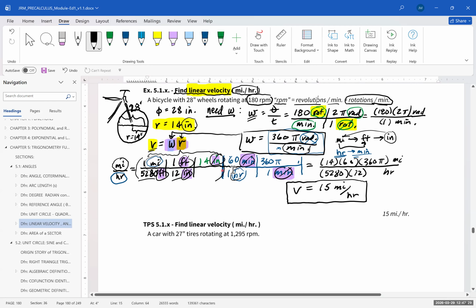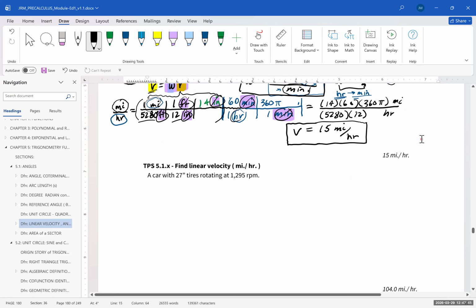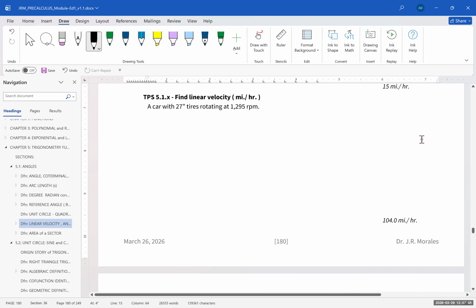So learning how to do something like this is really helpful. And if you kind of don't know where to start, the easiest place to start is look at the units that you need to end up with and start from there. All right, go ahead and pause the video and give the next one a try.